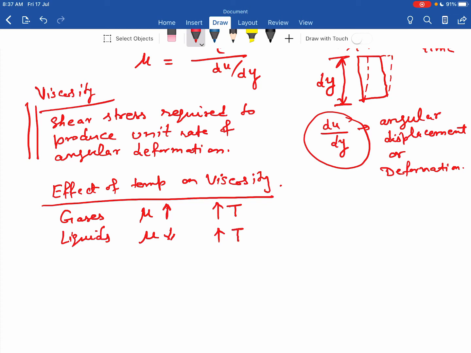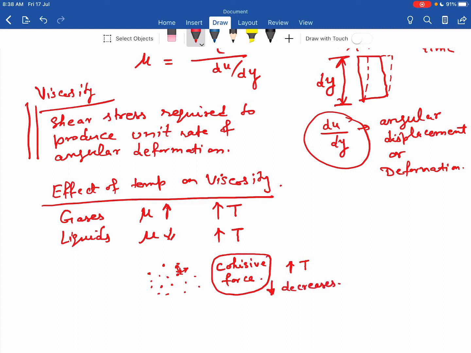So why does this happen? In the case of liquids, we have different molecules, and within these molecules there is some force of attraction, which we call cohesive force. When we increase the temperature, this cohesive force, the force of attraction between the molecules, decreases. Due to that, mu decreases, viscosity decreases. That is the reason behind the decrease in viscosity with increase in temperature in the case of liquids.